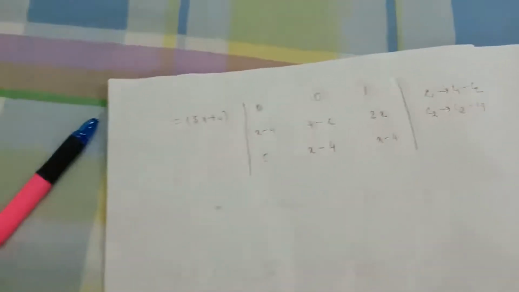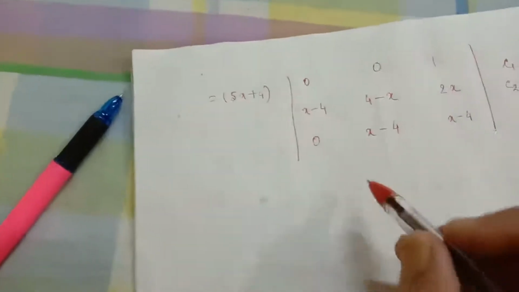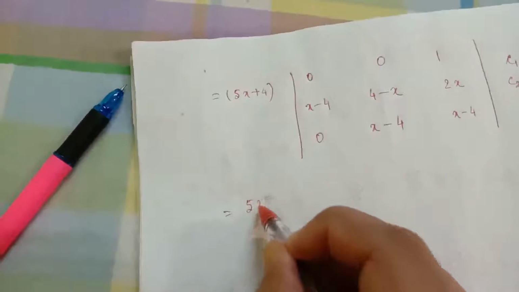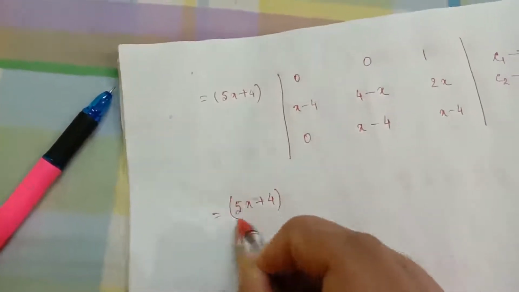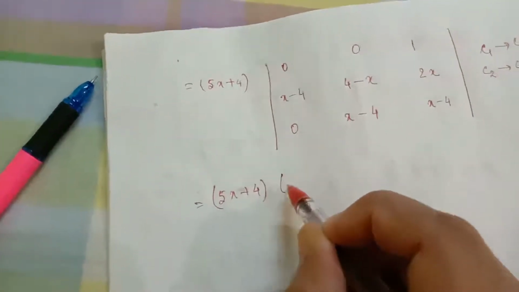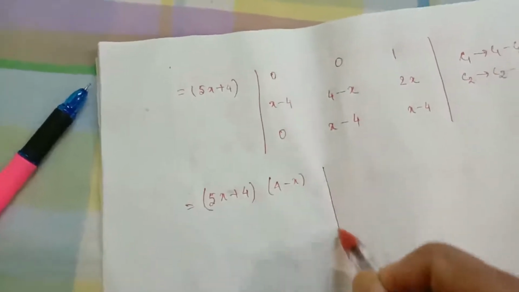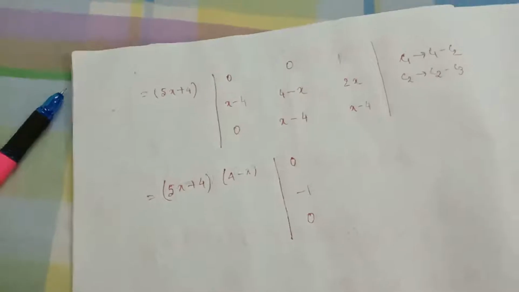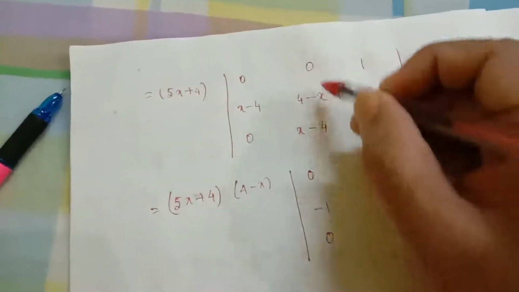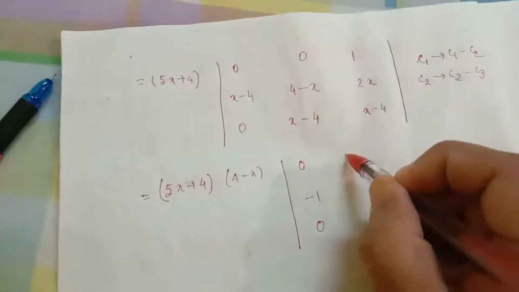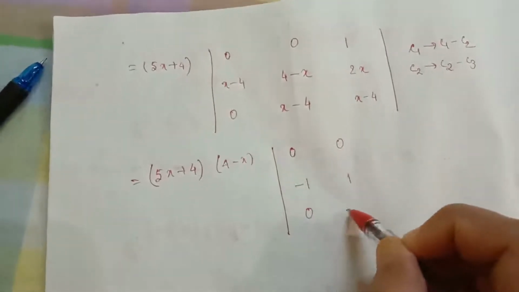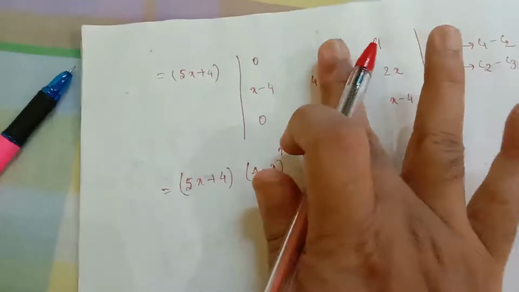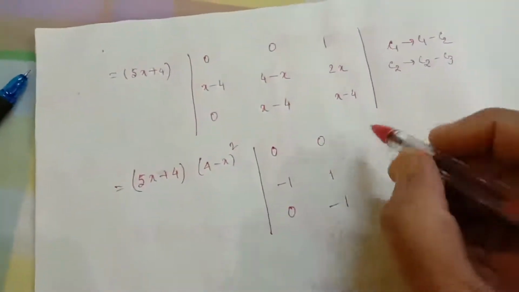So after replacing C1 by C1 minus C2 and C2 by C2 minus C3, we will get this as our new determinant. Now taking 4 minus x common from the first column, our C1 will become 0, minus 1, 0. Again taking 4 minus x common from the second column, this will become 0, 1 and minus 1, and this will be 4 minus x whole square. We have taken 4 minus x common from both C1 and C2.